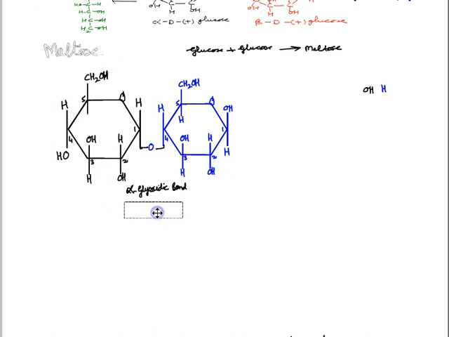So this is a maltose molecule. Similarly, here we can simply say that this is alpha 1,4 glycosidic bond, because this is number 1, this is number 4. So this glycosidic bond is between carbon 1 and carbon 4 of the second glucose.